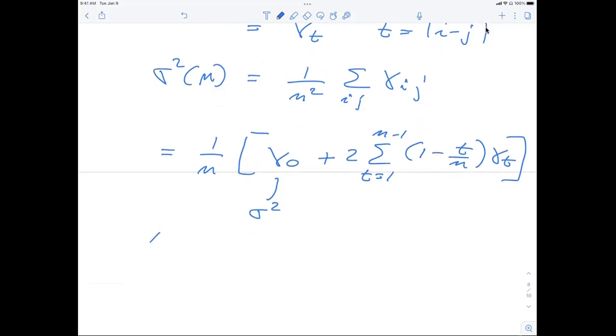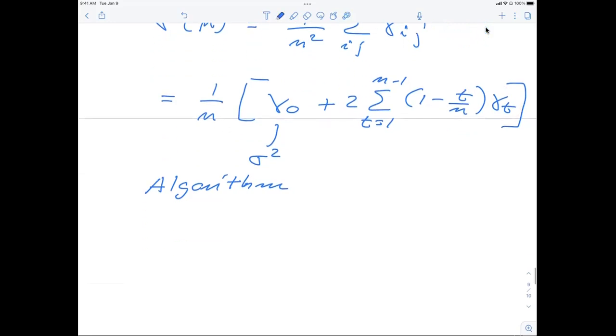So let's look at the algorithm. What we want is to evaluate this quantity here in a cheap way. So let's take a closer look at the algorithm. We have the data. We want to transform the data set into blocks where we halve the data in each iteration.